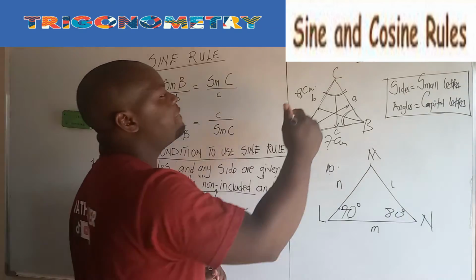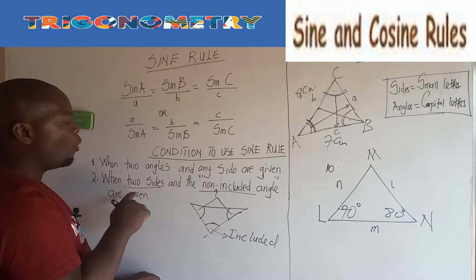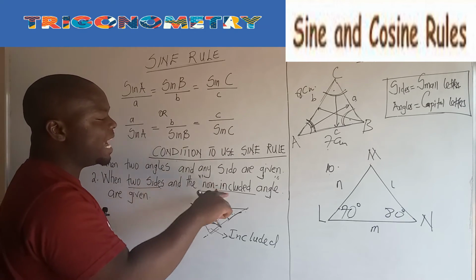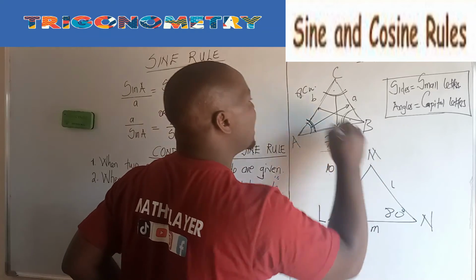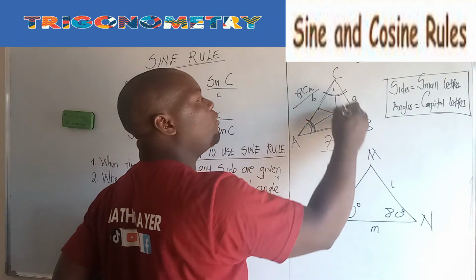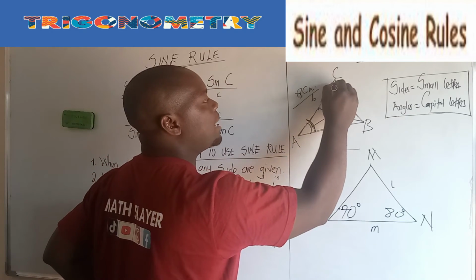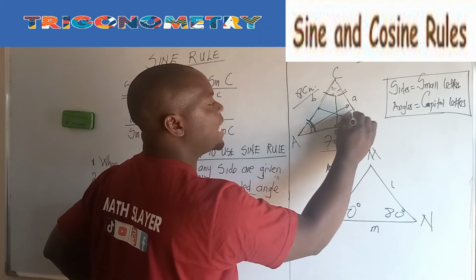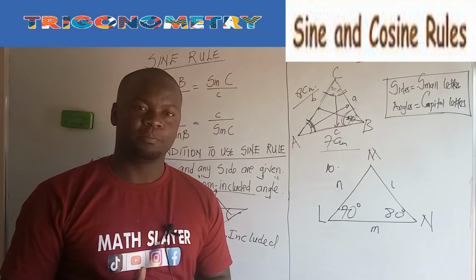So now, if these two are non-included angles, this condition is saying when two sides and the non-included angle are given, the two sides we have, the 7 centimeter, 8 centimeter, and any of the angles here, whether it's this, for example, 50, or that, for example, 70, then we can use sine rule.